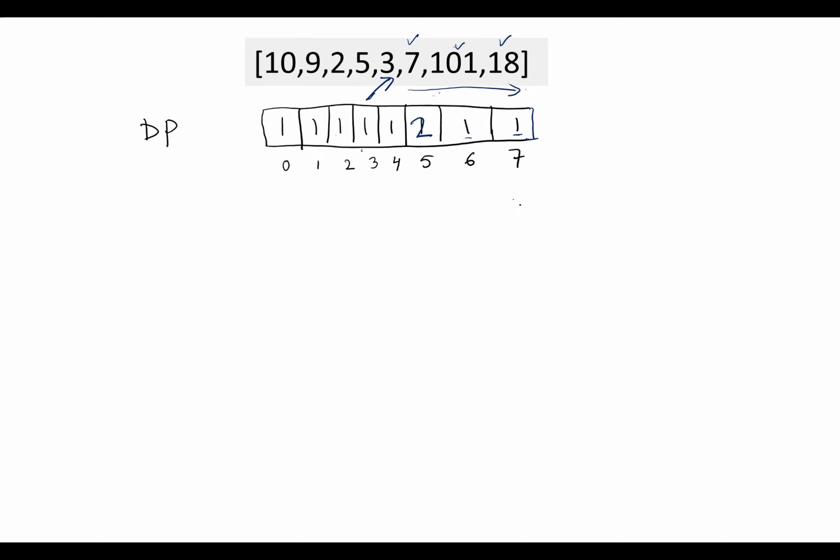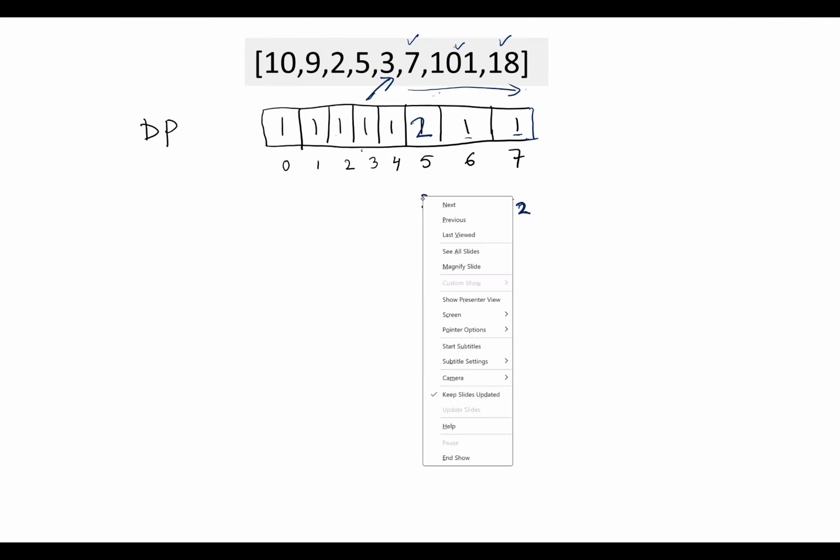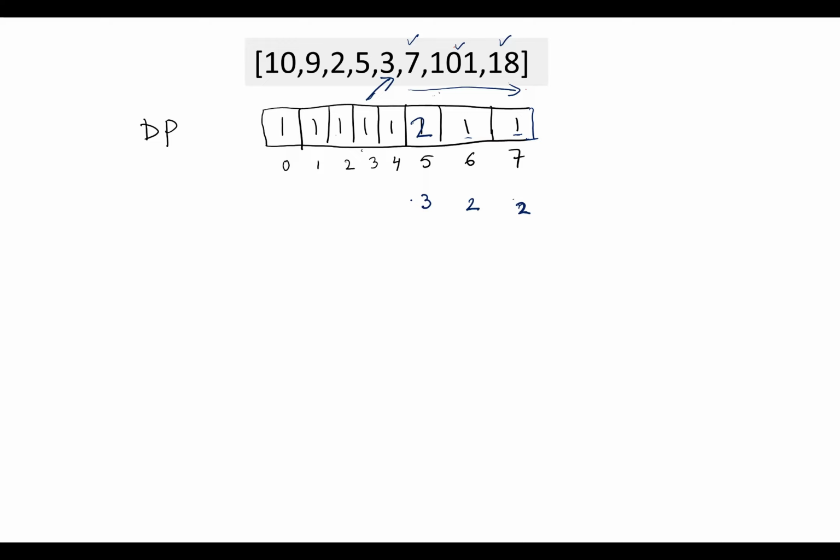It's going to be 1 plus 1. If 3 makes a subsequence with 18, then the new subsequence length is going to be 2. This is also 2, and this is 1 plus 2, 3. So the highest among these is 3. I save this value 3 here.